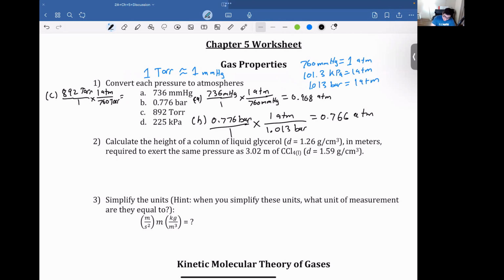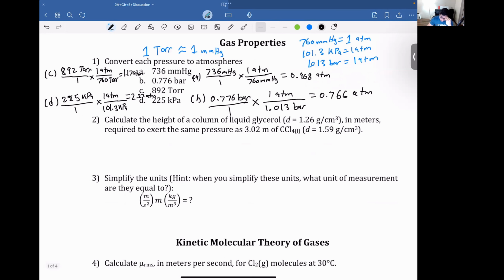You plug that into your calculator, you get 1.17 atm. And then for D, you're doing the exact same thing, just using conversion factors to convert between units. When you plug this in, you should get 2.2.